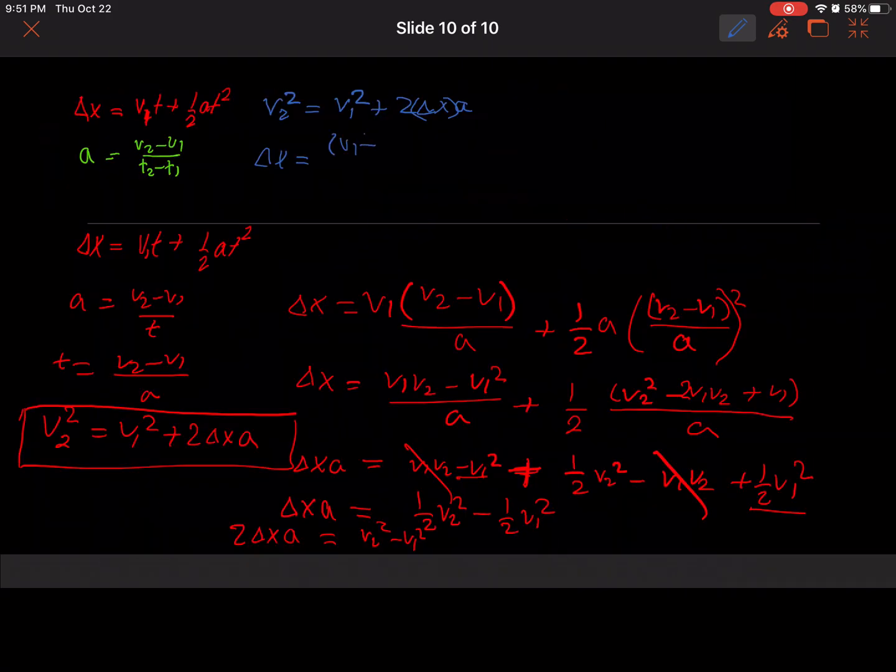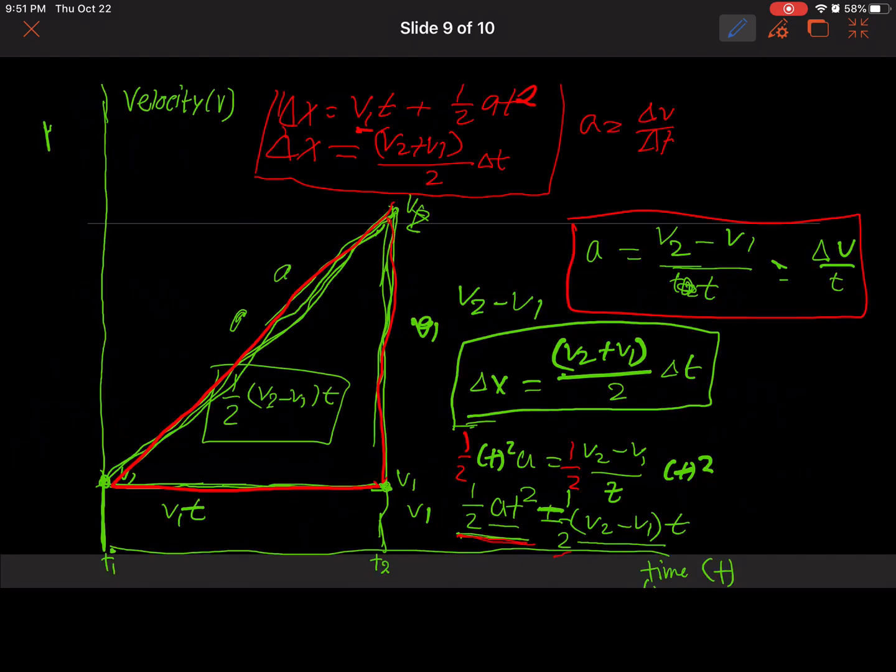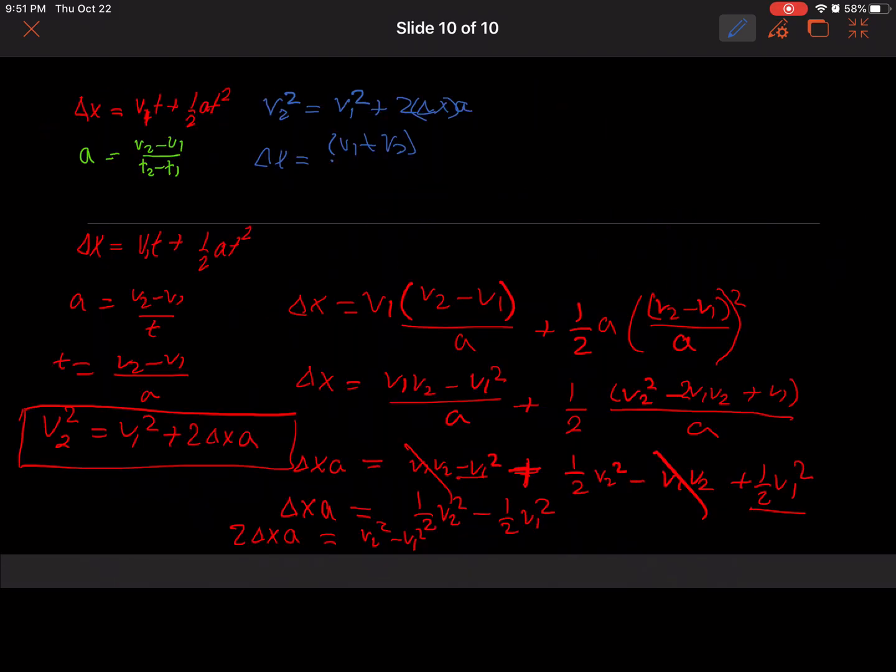v1 plus v2. I don't bother memorizing these formulas, only some of them. One thing about physics you should know is that you should only memorize the most important formulas. I usually memorize this, this, and this.